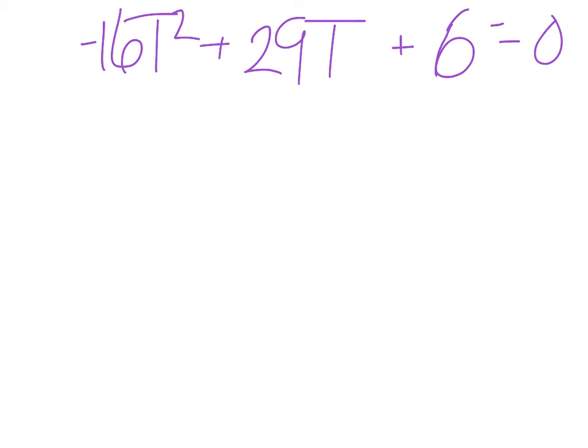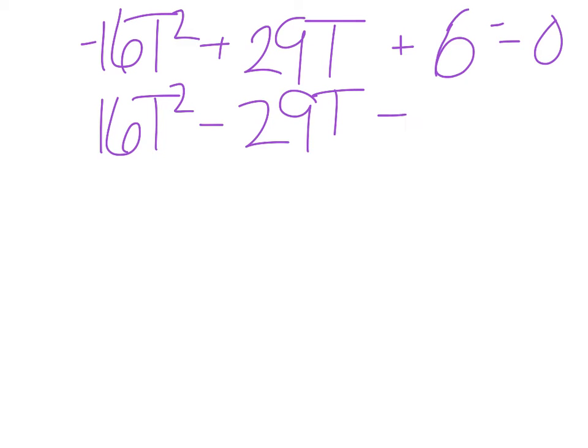Everything's on one side. I'm going to do my magic of 16t squared minus 29t minus 6 to get the first factor positive. So it looks like we're looking at negative 29, and let's see, 6 times 16, that must be 96.